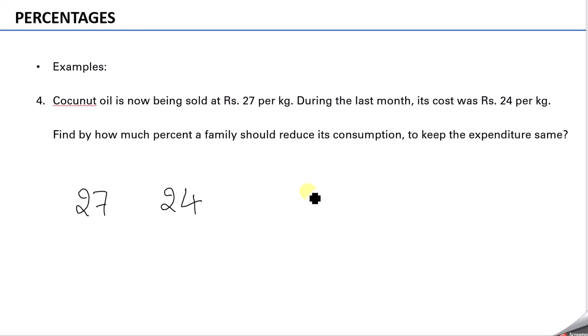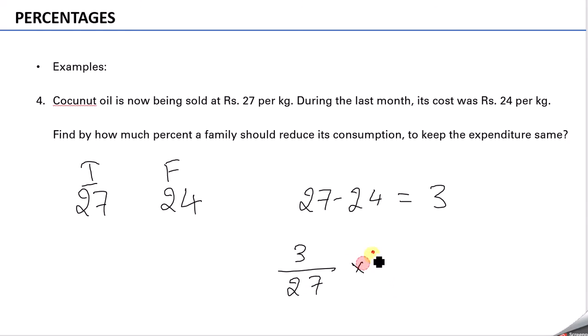So what is the change here? 27 minus 24 is 3. Since we asked what is the percentage decrease in consumption, the decrease is 3 over 27 into 100, which is equal to 11.11%.